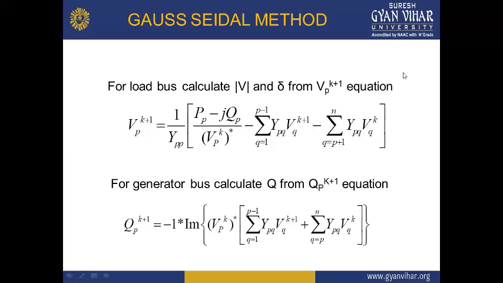For the generator bus, we will calculate the reactive power Qp from this equation, which is nothing but the negative of the imaginary part of the above expression. If we calculate the imaginary part of the above, that will give me the reactive power for the bus P.